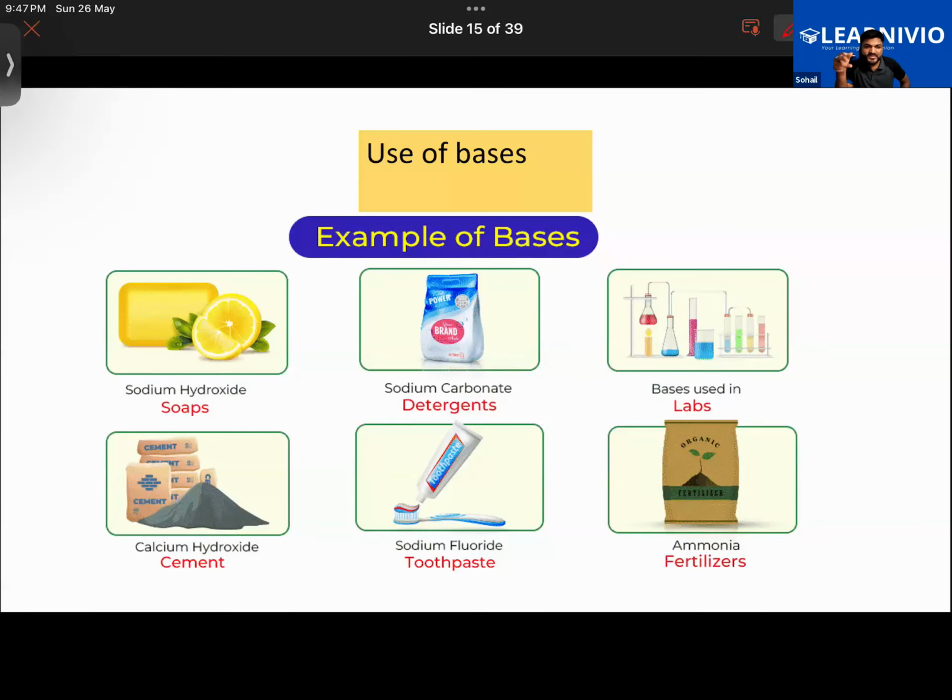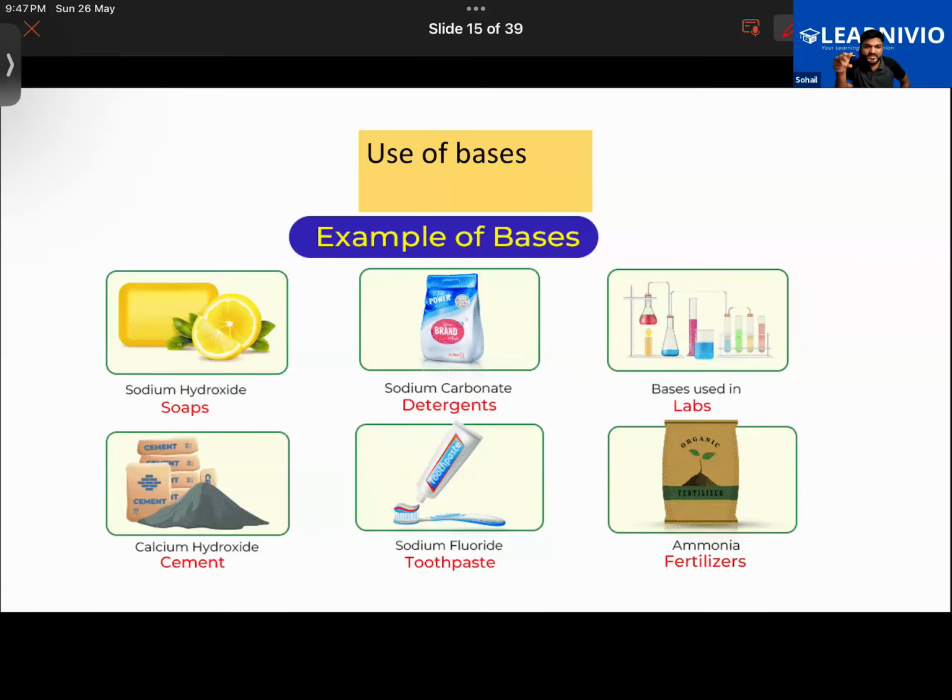Do you guys know that our bones and our teeth are made up of compounds of calcium? So the acid that is produced by the bacteria reacts with the calcium compounds in your tooth, thereby causing tooth decay.